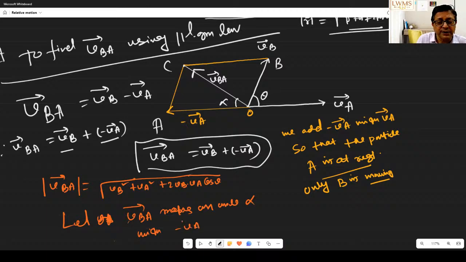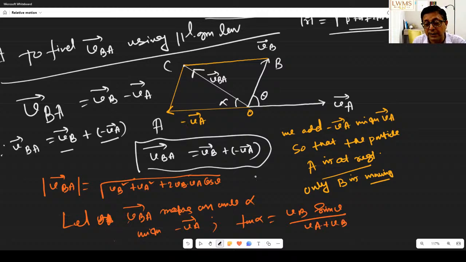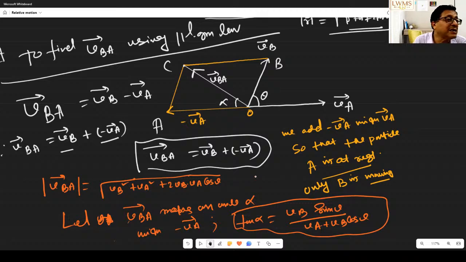Then tan alpha will be VB sin theta by VA plus VB cos theta. Don't take any negative sign. Okay? With this formula, you can nicely get the resultant. So if you can apply the IJK concept, you do. If you can apply this concept, you do. There is no problem. So two methods I have discussed for finding relative velocity.